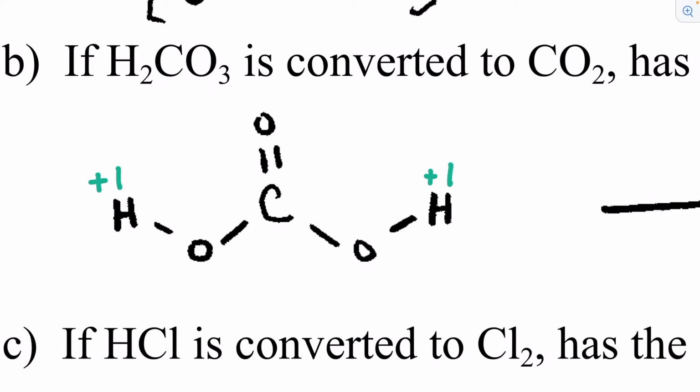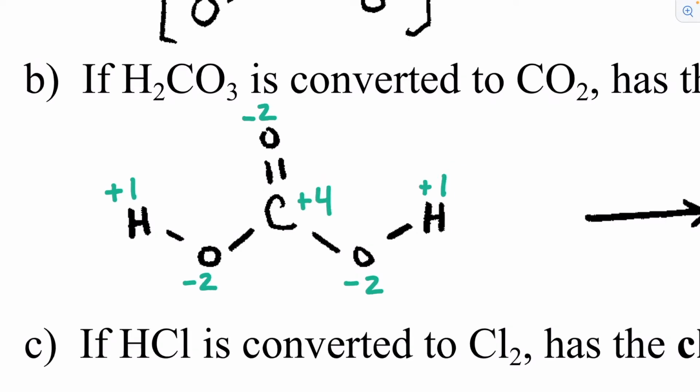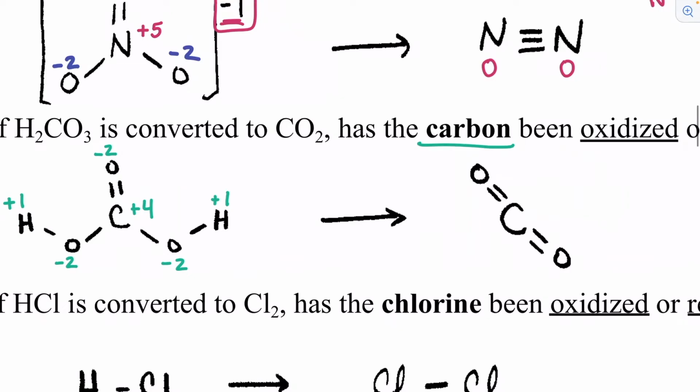Hydrogens are always +1. Oxygens are always -2. The overall substance is neutral. So if we add up what we have already, +1 plus 1 is +2, plus -6 is -4. Thus, our carbon must be +4. And then we do CO2, -2, -2.